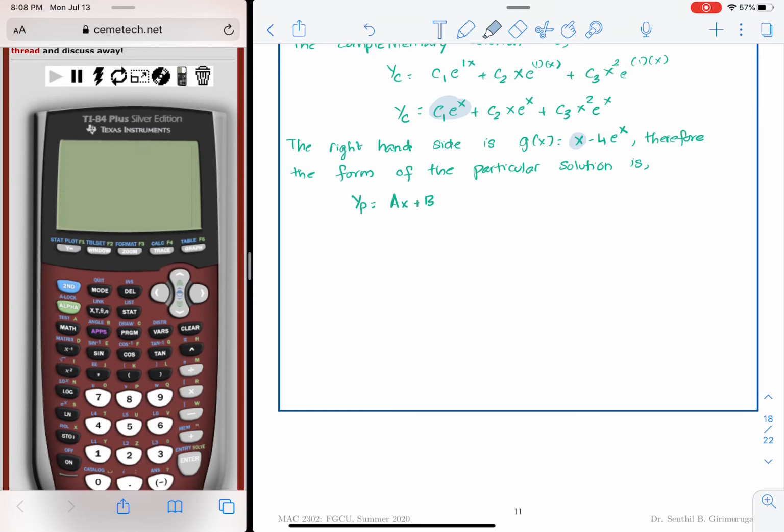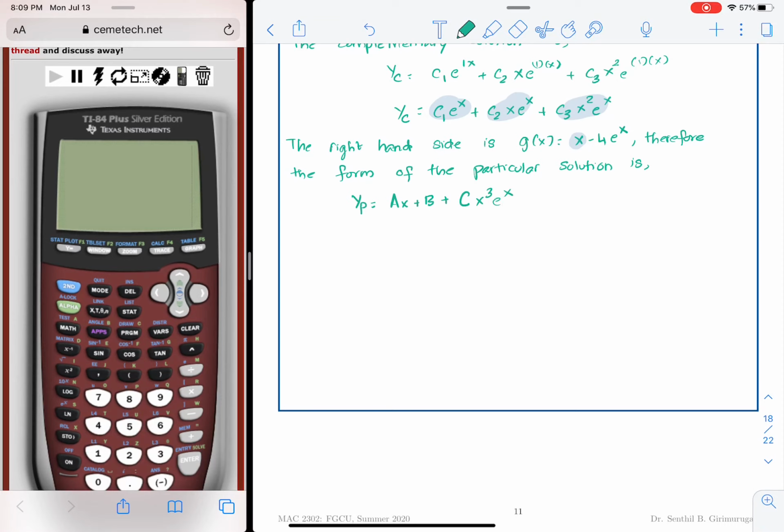But we can't use that either because we've used c2 x e raised x already. So you may say, okay, well, I could add c times x cubed e raised x, x squared e raised x, but I've included that also. So the only option that I have here is to write c times x cubed e raised x.